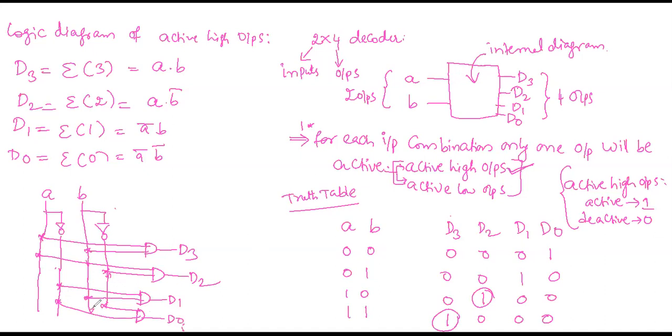This is D0. So this is the internal diagram, having two inputs and four outputs, D3, D2, D1, D0.